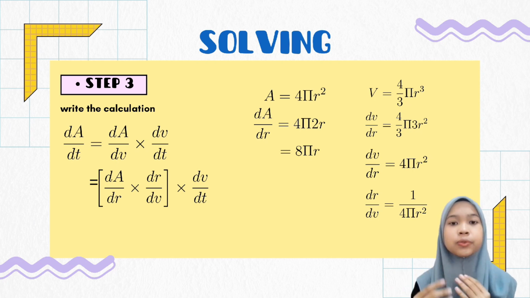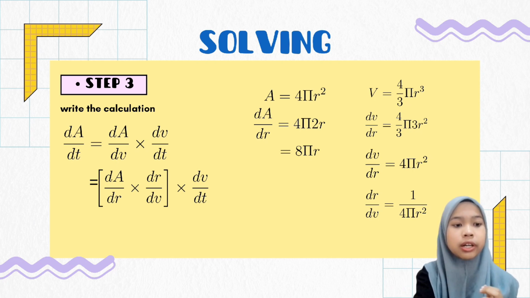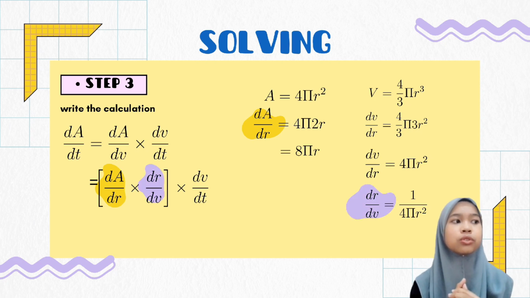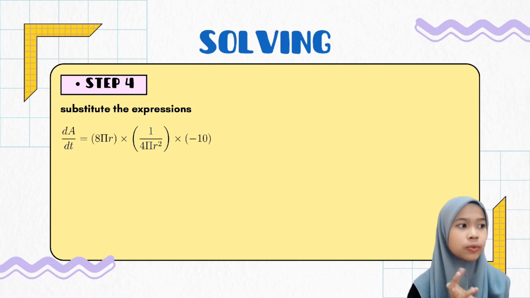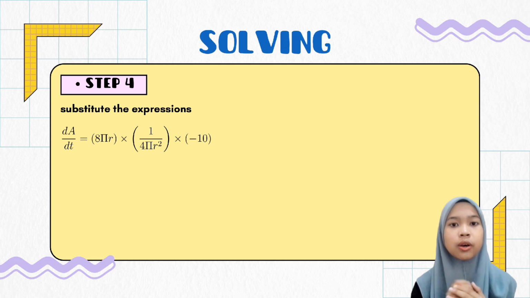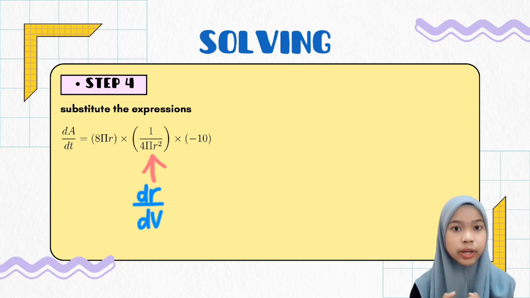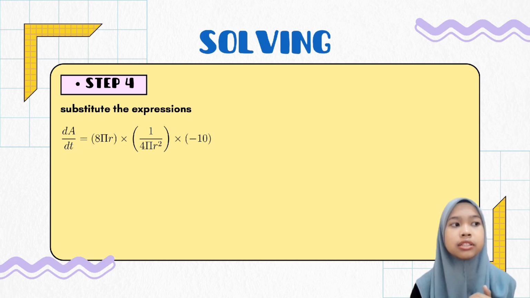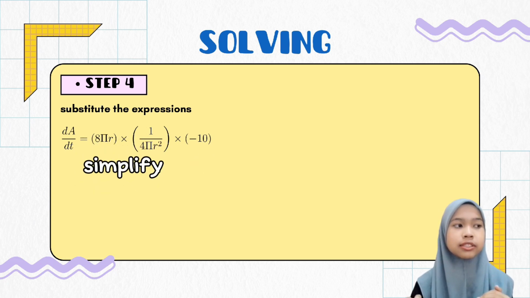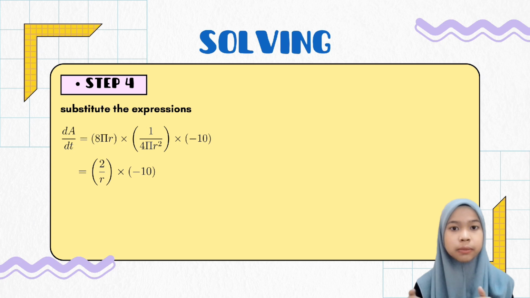Step 4, after we know the values of dA over dr and dr over dV, we need to assign the values into this calculation. And we get dA over dt equals 8 pi r multiplied by 1 over 4 pi r squared and multiplied by negative 10. We simplify it until we get 2 over r multiplied by negative 10. So now we don't know the value of r, we need to find it.